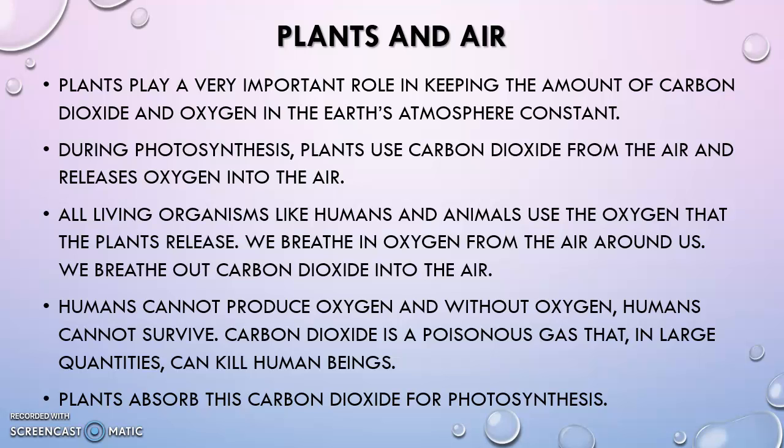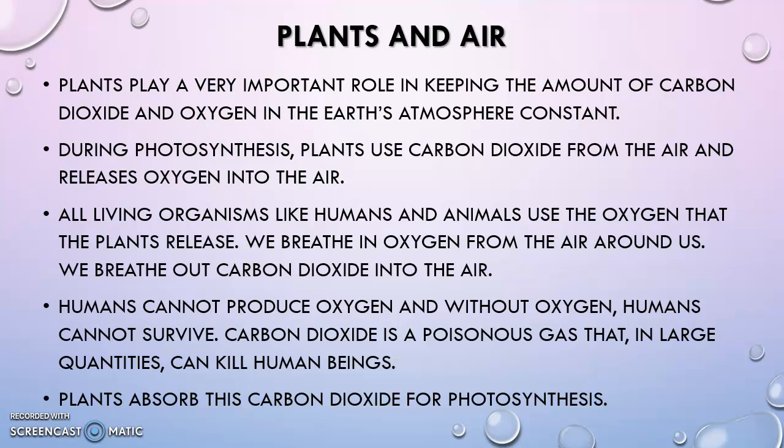Now I want us to focus on the relationship of plants and the atmosphere, plants and air. Plants play a very important role in keeping the amount of carbon dioxide and oxygen in the atmosphere constant. During photosynthesis, plants use carbon dioxide from the air and they release oxygen into the air. All living organisms like humans and animals use this oxygen that the plant releases.